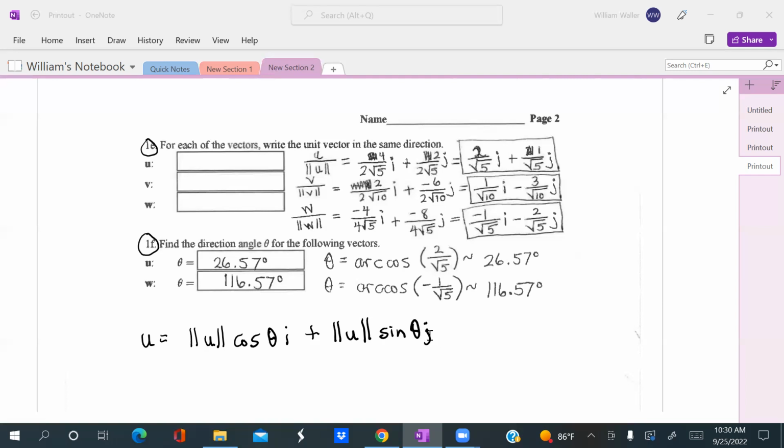If you think of a vector as being expressed in this form, that is what you can use to determine what the direction angle is, in the following way.